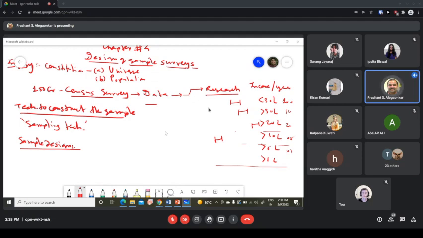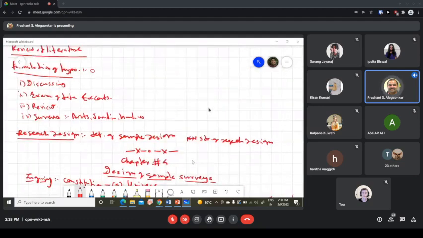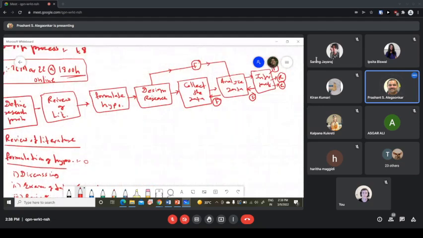Why is it so important? Because if you look at the flow chart over here, sampling is one of the key components in research design.